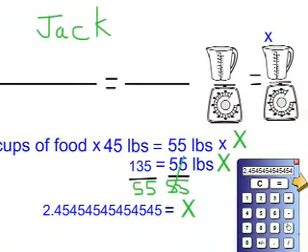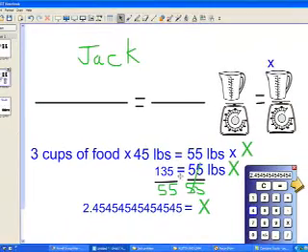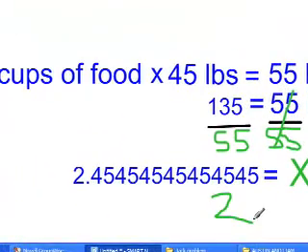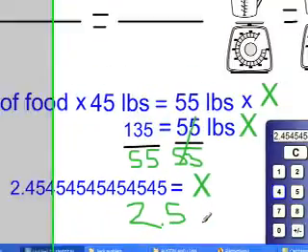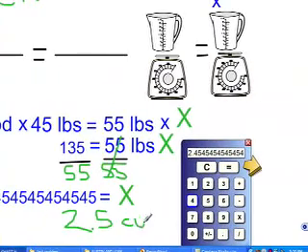And I can just round that off to 2.5 cups. So Jack should get 2.5 cups a day of food.